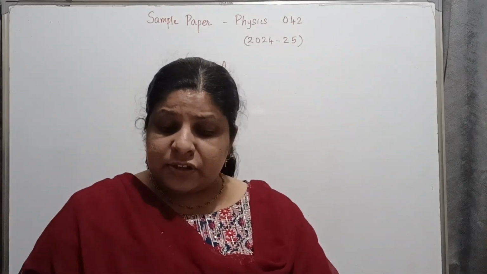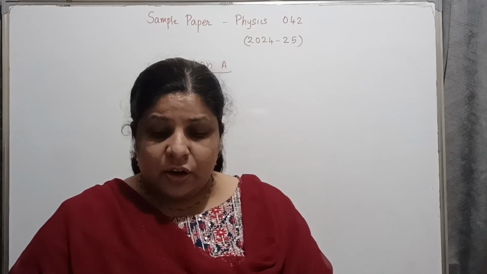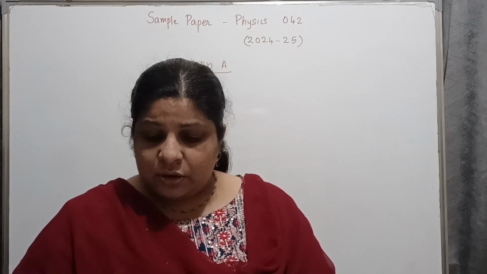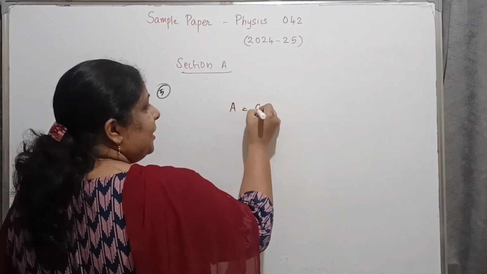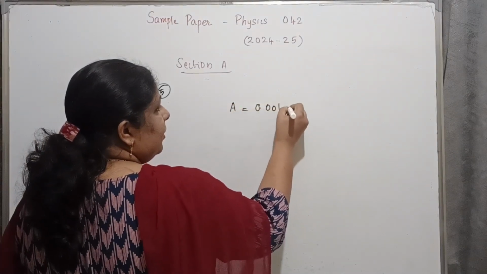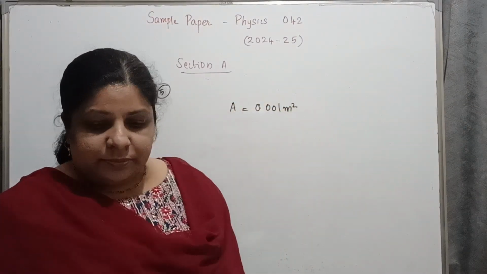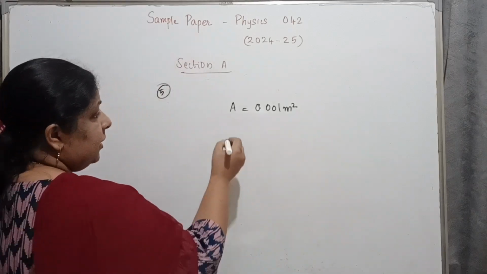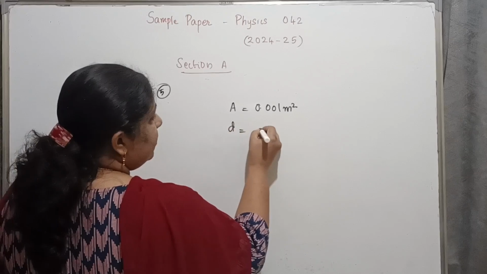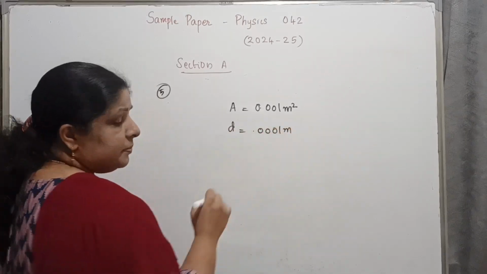A capacitor consists of two parallel plates with area of cross section 0.001 meter square, separated by a distance of 0.0001 meter.